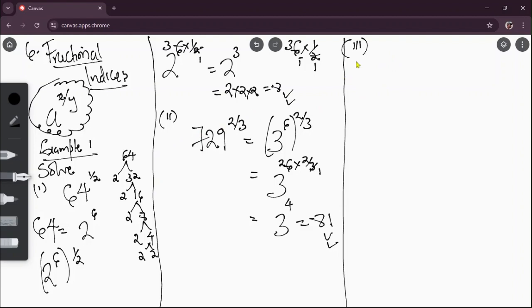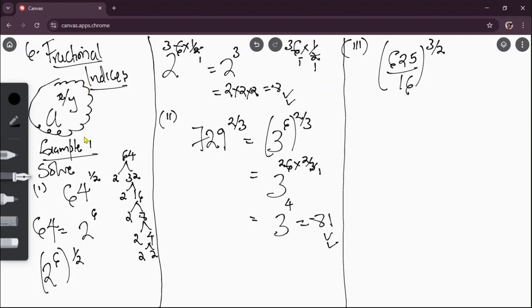So I have example 3, or Roman 3. I have a number like 625 divided by 16, and then all this is raised to power 3 all over 2. I will do the same thing.